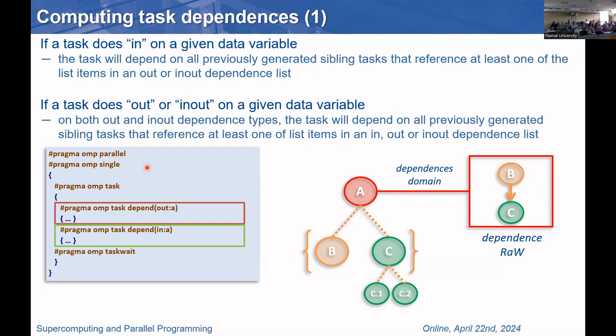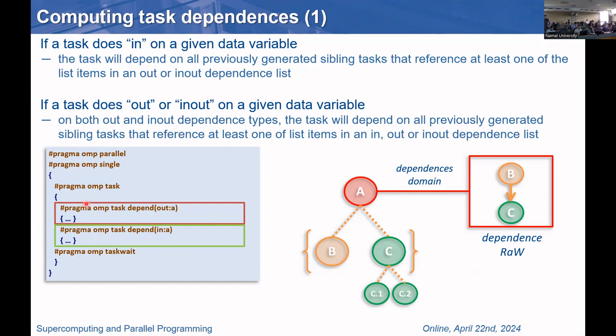But if I have one of the tasks doing an out, then I will have a dependence. Actually the dependencies are exactly the same that we have in superscalar processors. It's the typical read after write, write after read, and write after write.